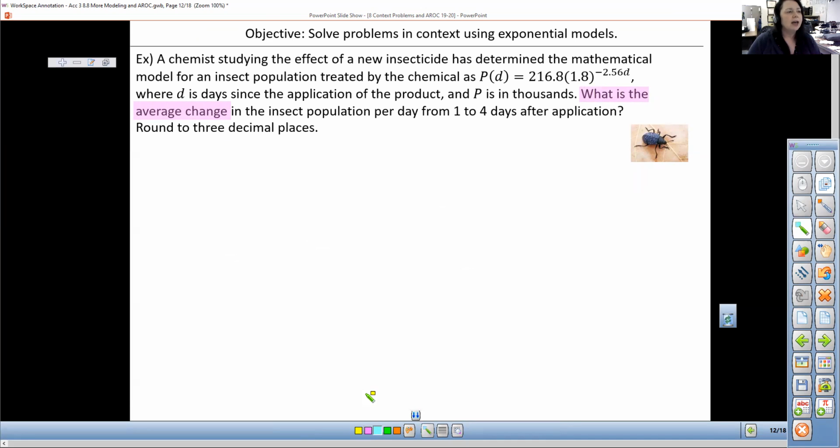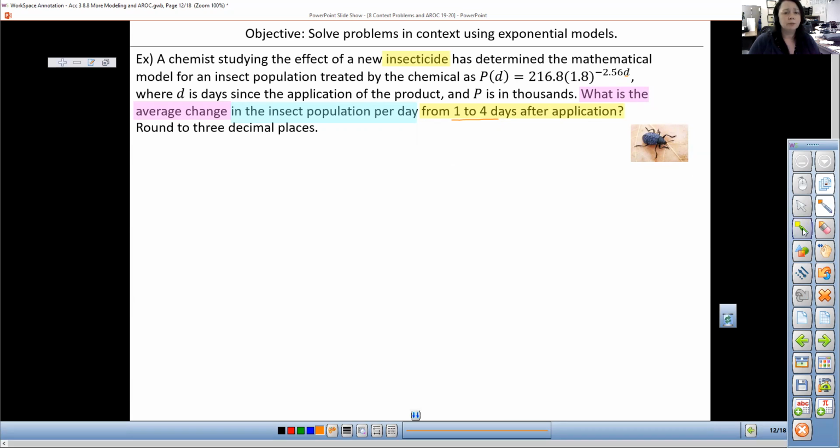We're looking at what the change is in the insect population per day. And we're given from 1 to 4 days after the application of this insecticide as our interval. So we have to realize that our interval, which is always of our independent variable, like x, here that would be d.